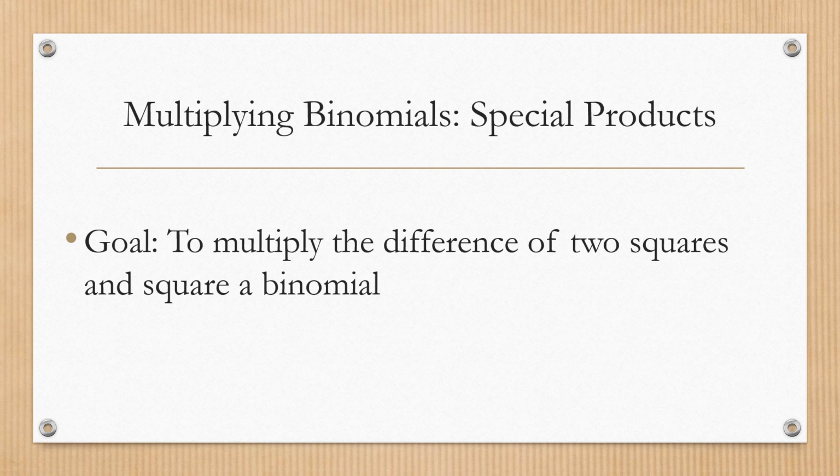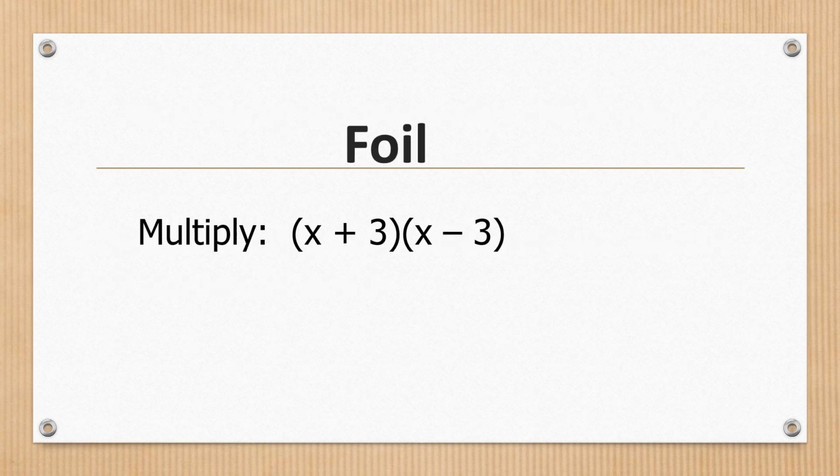Okay, next. From the FOIL method, we have this. We know that the FOIL is the first term, so we have x squared, and then the outer term is x times negative 3, that's negative 3x.